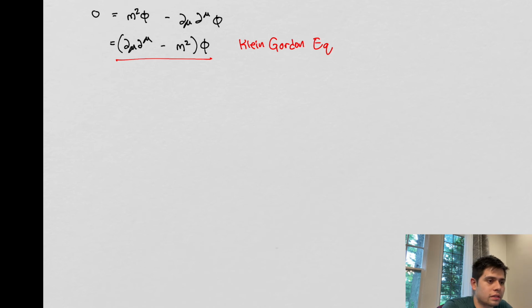We want to make sense of the Klein Gordon equation first, and then we're going to try to make sense of its Lagrangian and what these physically mean. And this is what the book does.